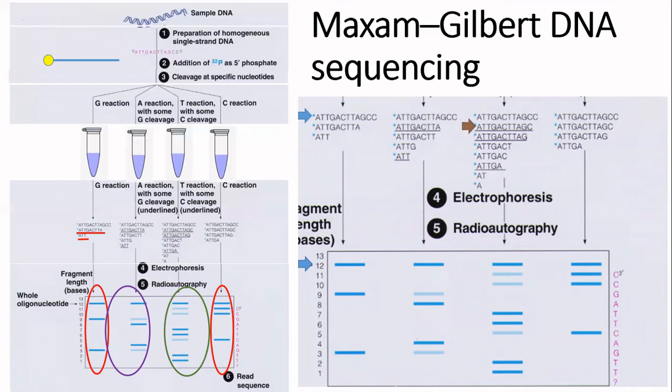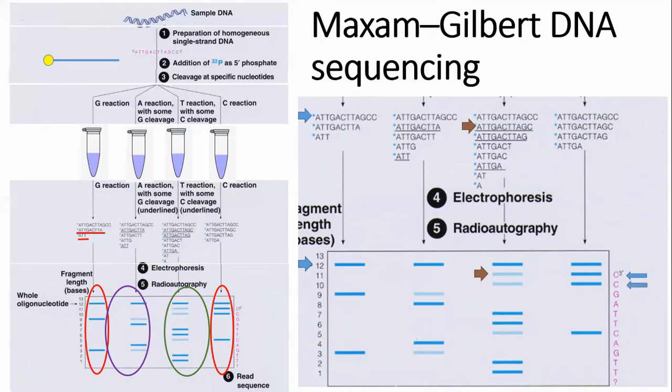Let's look at this place. It's a band in the T plus C lane, and you can see the same band in the C lane too. So as we discussed earlier, since the band is appearing in both these lanes, we are taking that as a C. The same is true for the next band also. Since that is also appearing in both T plus C and C lanes, we are taking that also as a C.